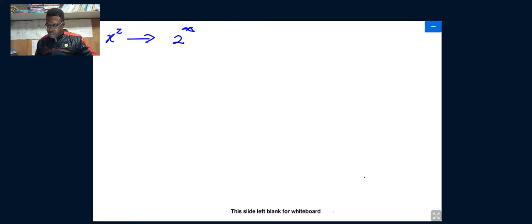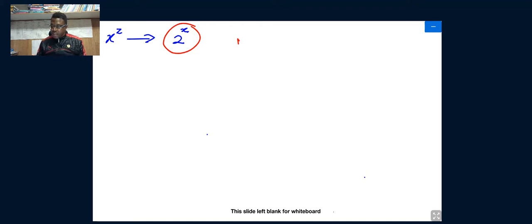Let me make this neat. This is what I'm going to talk about. The exponent in this case is a variable. It's no longer a number. And this changes the whole ball game. Everything changes. Right.